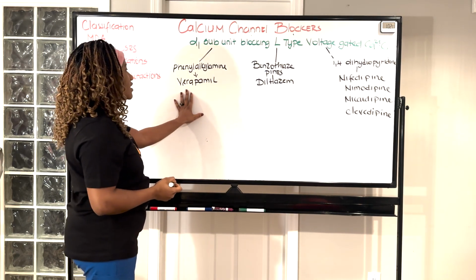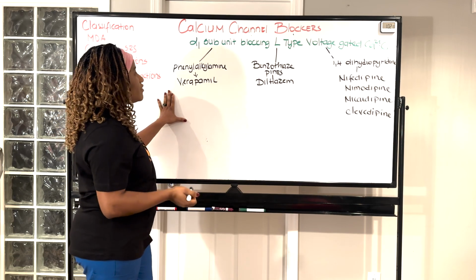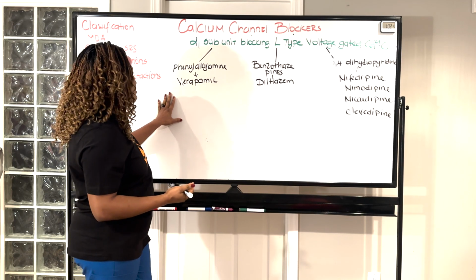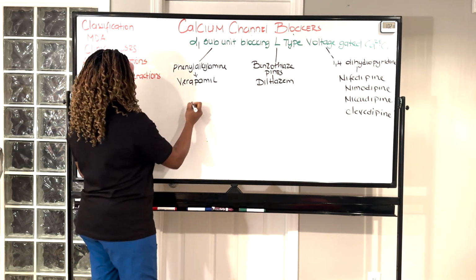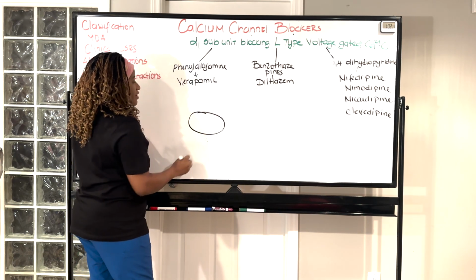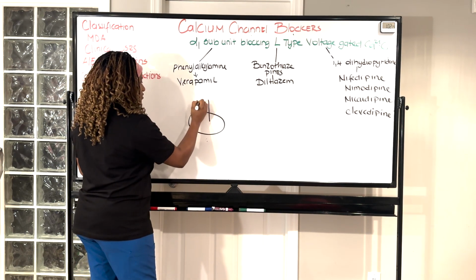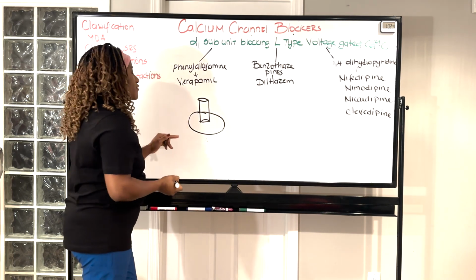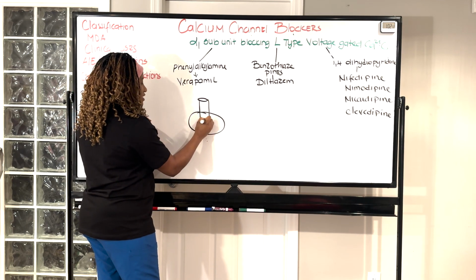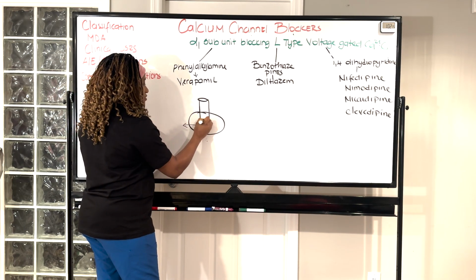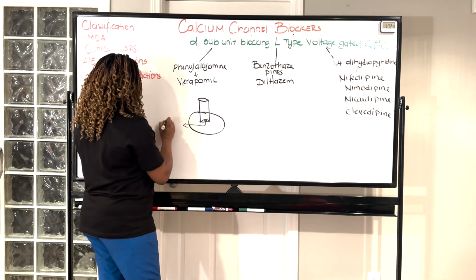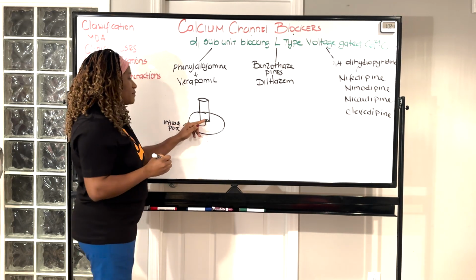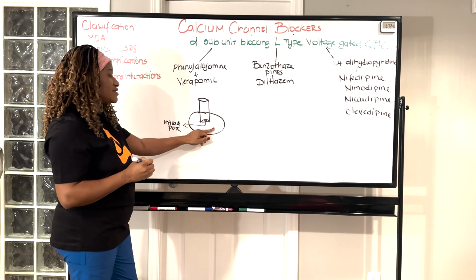So now let's see how they block the voltage gated L-type calcium channel differently. If we have our cell here and we have our voltage gated channel here, let's talk about verapamil. Verapamil is going to act here on the intracellular pole, and it's going to block the influx of calcium inside the cell.